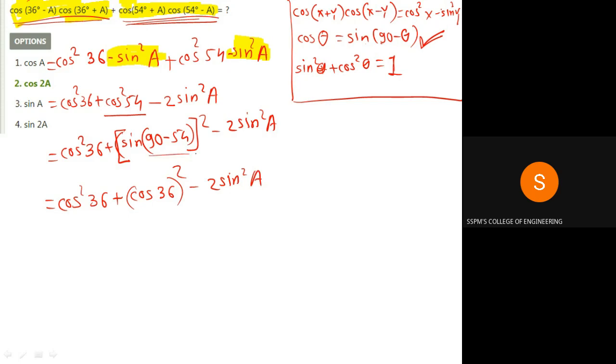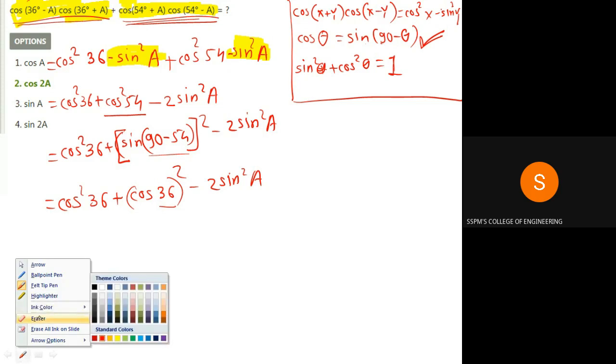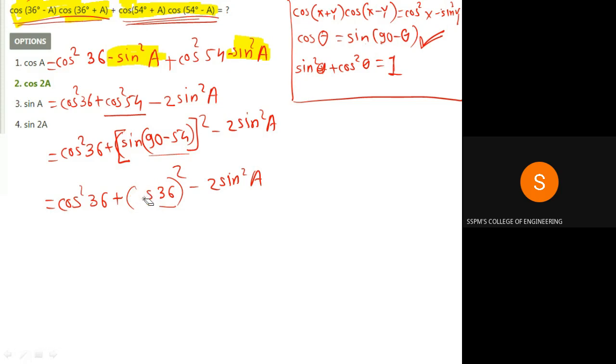What is sin(90 minus 54)? Sin(90 minus 54) is cos 54. Sorry, 90 minus 54 is 36, so it is sin 36 square. Now we can write cos square 36 plus sin square 36 minus 2 sin square a.